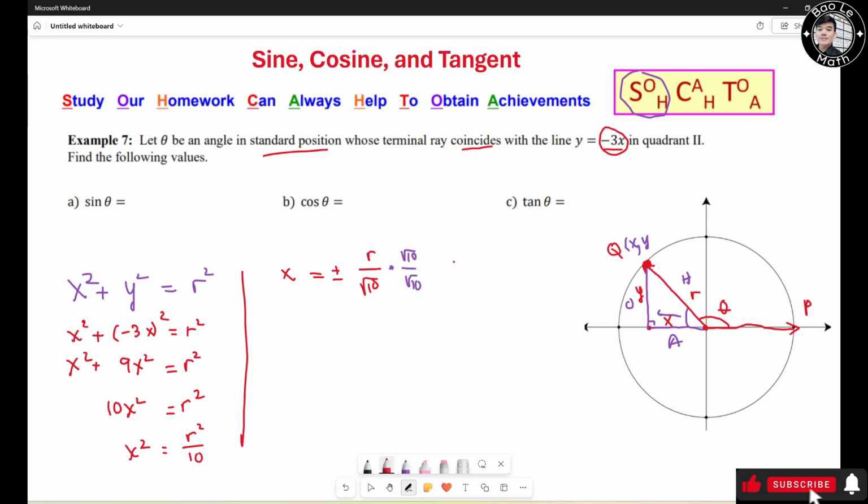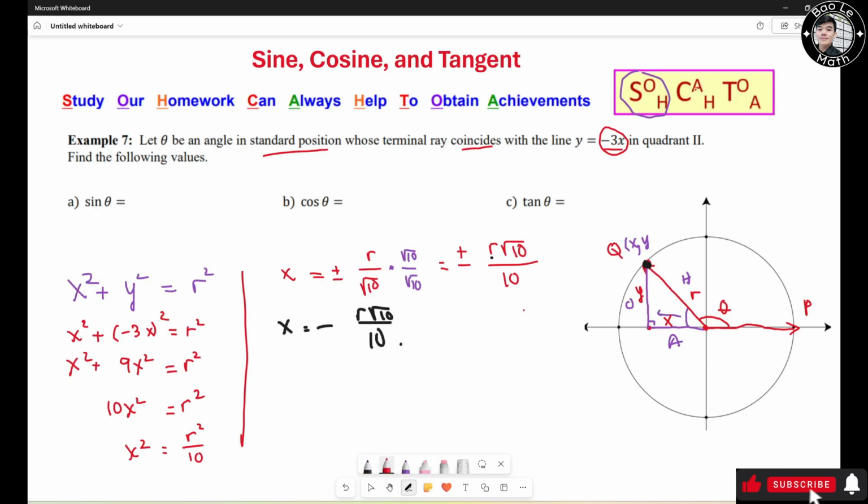So this turns out to be plus and minus r root 10 over 10. Now observe that the radius is always positive. Because the point is in the second quadrant, the y value is positive and the x value should be negative. So because the x value is negative, x should be negative r root 10 over 10.